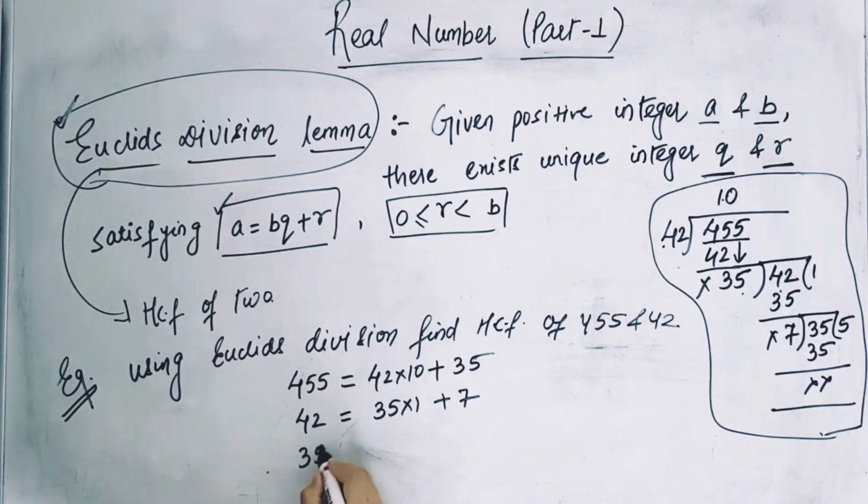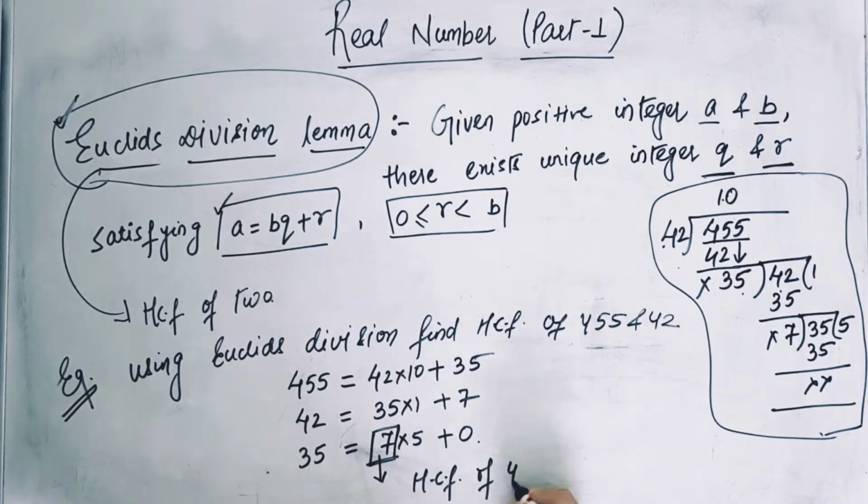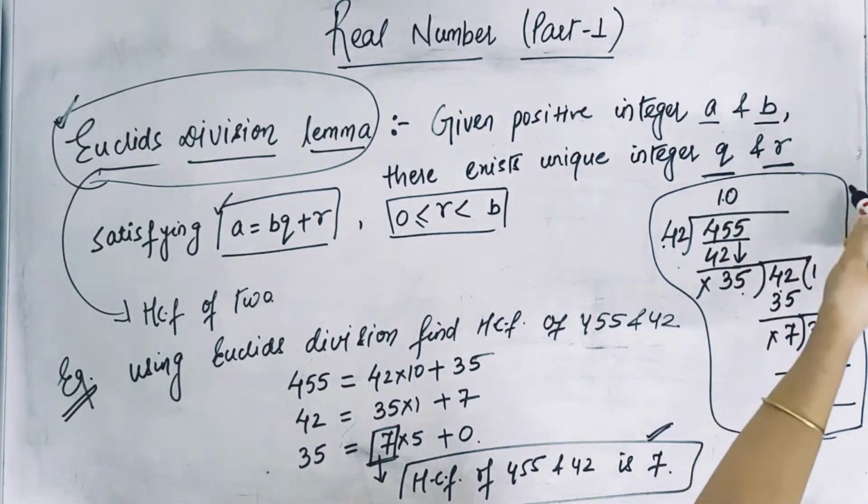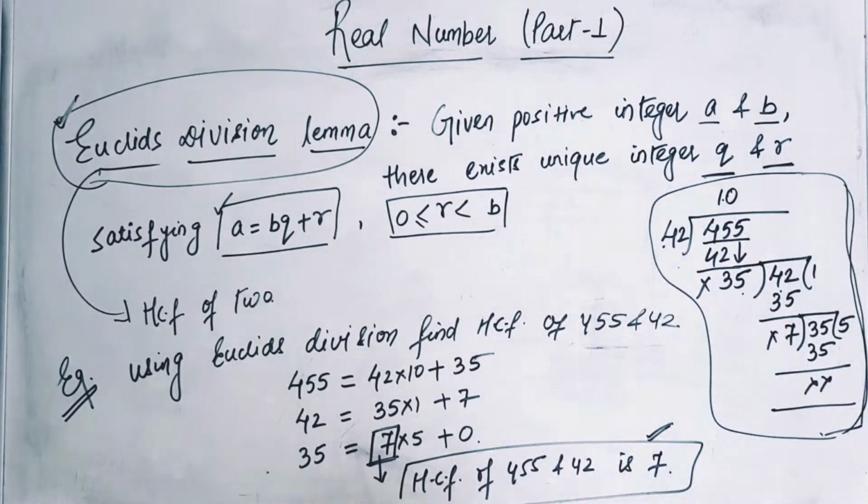Third step will be 35 equals 7 into 5 plus 0. So this divisor in the last step is known as the HCF. So the HCF of 455 and 42 is 7. This is how we can calculate the HCF of two numbers using Euclid's division algorithm with the help of the long division method, which we have already studied in our previous class.